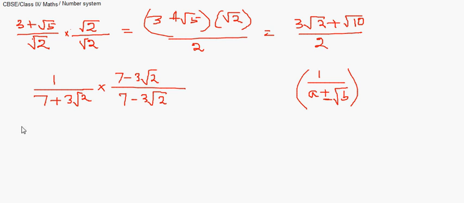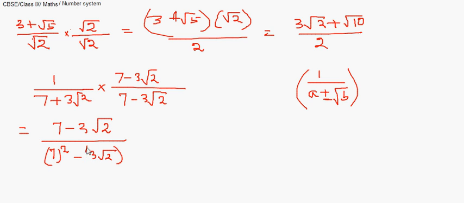So that gives me 7 minus 3 root 2 in the numerator, and in the denominator we have 7 plus 3 root 2 times 7 minus 3 root 2. So that makes 7 square minus (3 root 2) whole square. The numerator is 7 minus 3 root 2, and the denominator becomes 7 square minus... now 3 root 2 into 3 root 2 makes 4 into 9, that is 36.